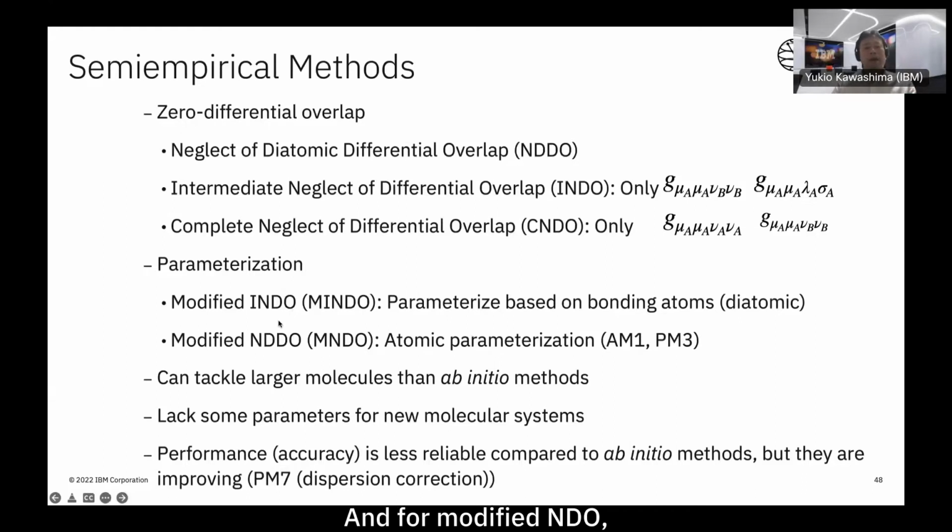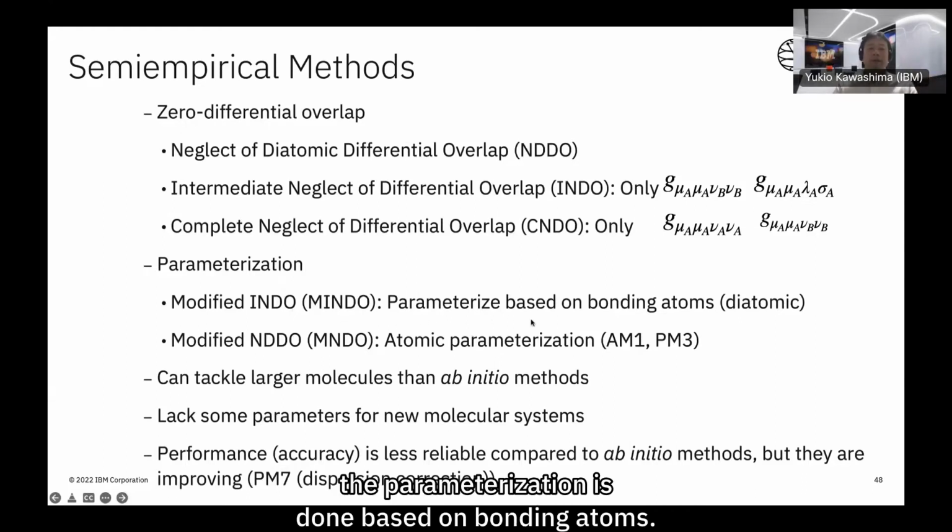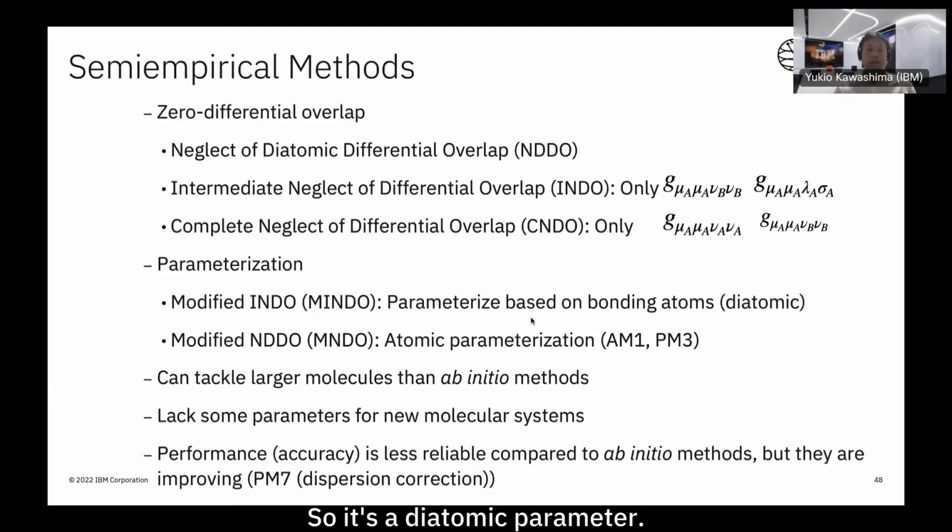For modified NDO, MINDO, the parameterization is done based on bonding atoms. So it's a diatomic parameter. For instance, if we have C-H, it'll be a parameter for CH. And modified NDDO, MNDO, has atomic parameterization. So they have a parameter for atoms, like carbon or hydrogen.